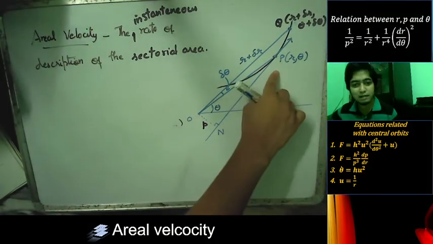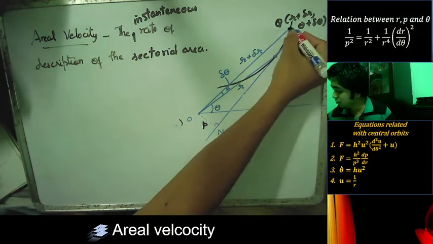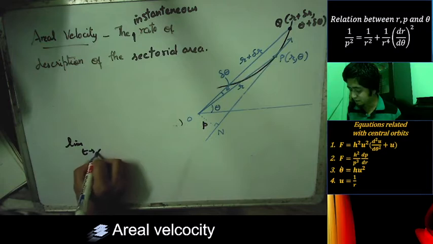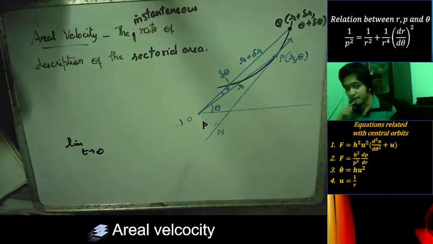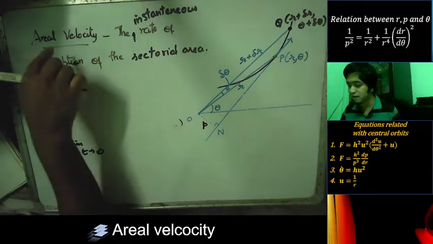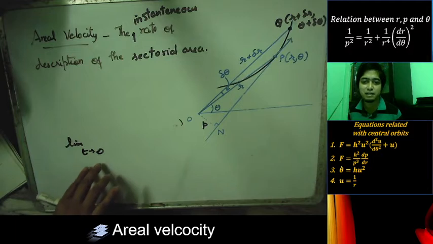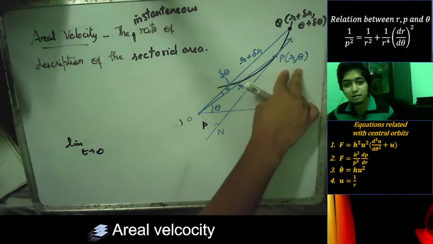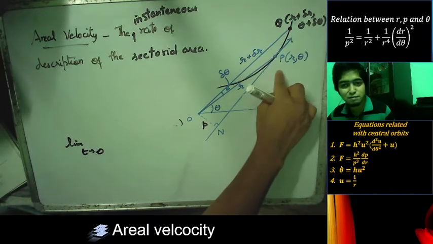Firstly, the particle was at P. Next, the particle is at Q. Remember that we were having this limit t tends to 0. Similarly over here, since we are dealing with areal velocity, we will be having something similar like this: t tends to 0, and over here, P and Q. The particle moves from P to Q.